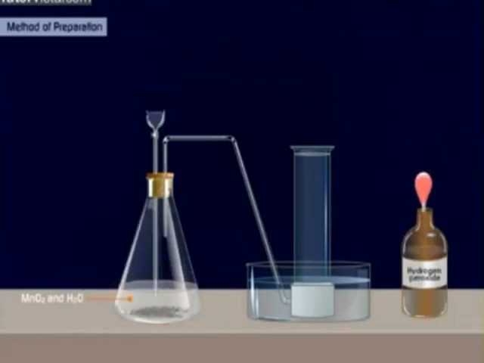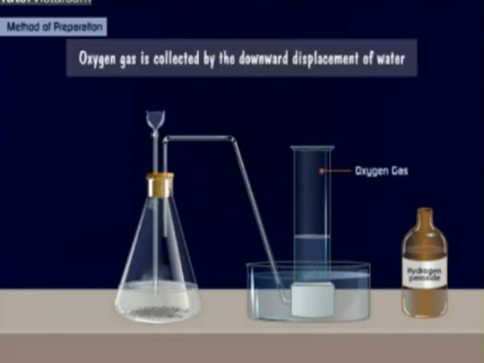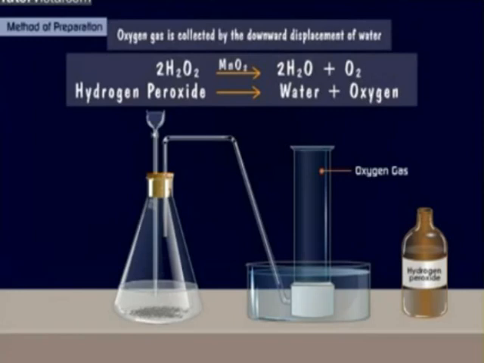The next thing we are going to do is add hydrogen peroxide, and the manganese(IV) oxide will catalyze the reaction to generate oxygen, the decomposition of the hydrogen peroxide. The oxygen is carried through the delivery tube to the gas jar, and you can see the water being displaced downwards. There you have your oxygen in the gas jar as displaced water.